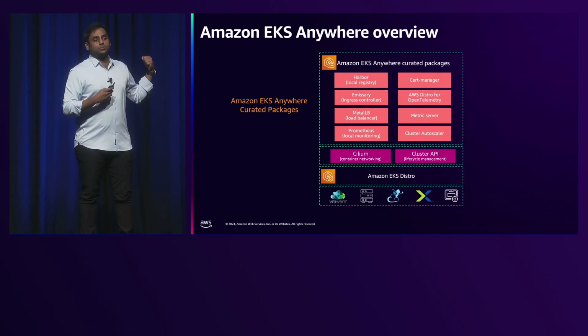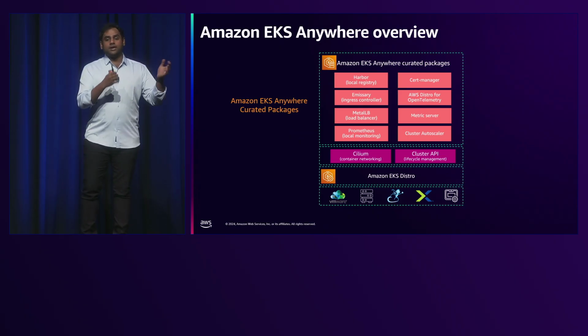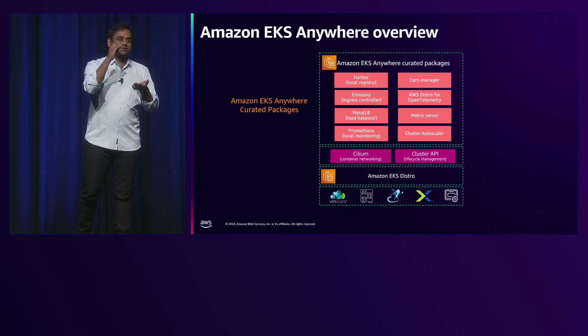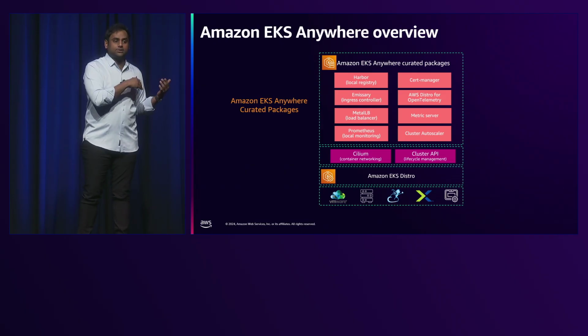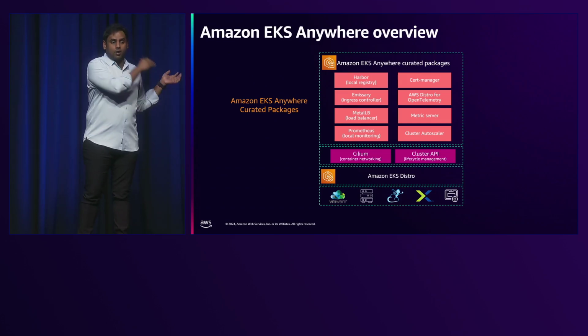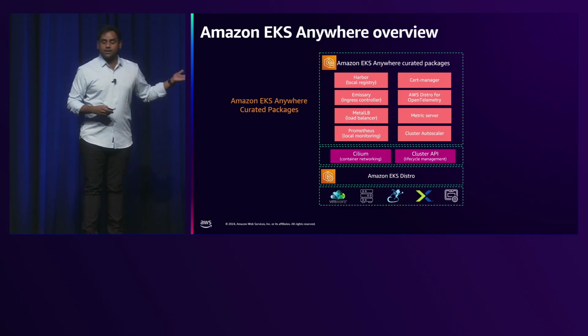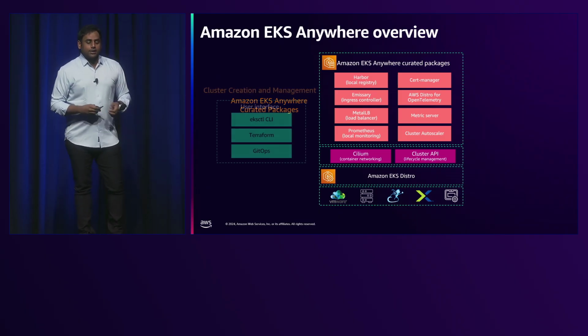But that is not the case with curated packages that are available with EKS Anywhere, where AWS holds the responsibility and also provides full-fledged support for any of the add-ons available in the portfolio. And AWS is responsible for managing the code of all these add-ons too. So that is the curated package layer that comes with EKS Anywhere.